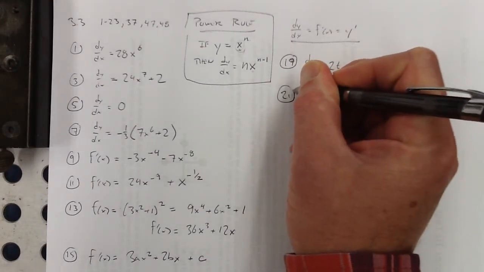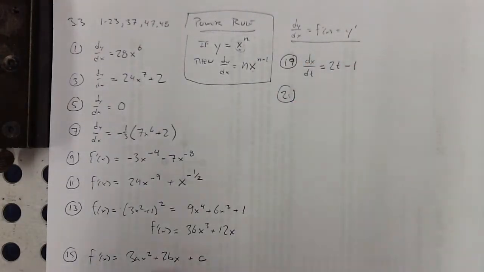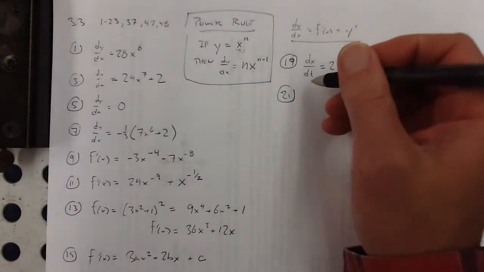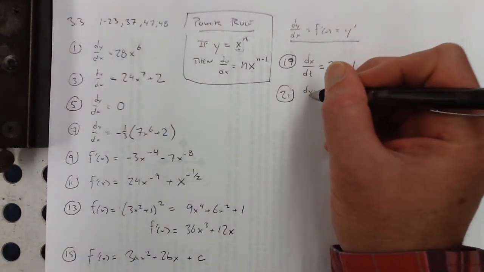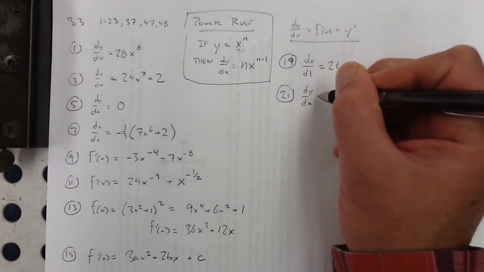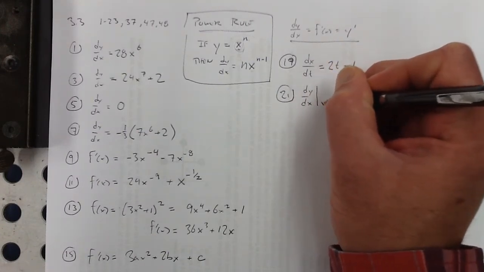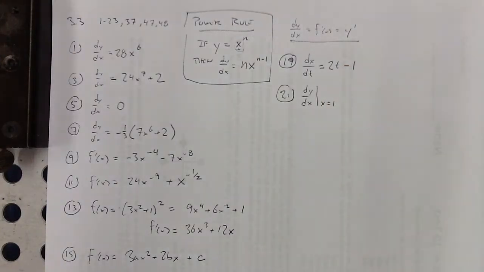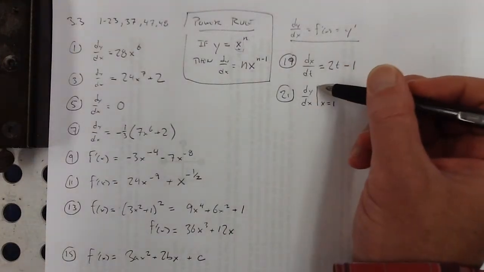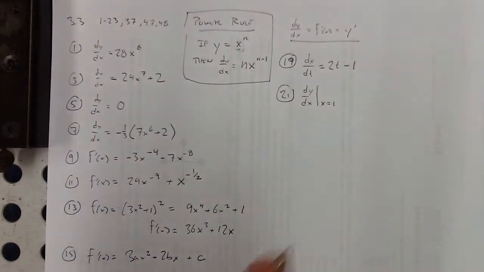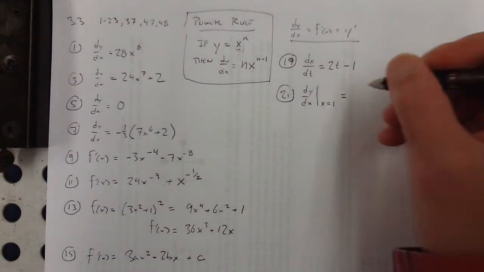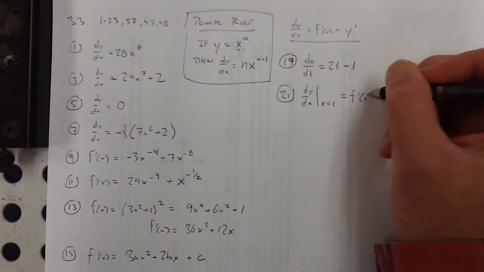Number 21. Find, okay, so notation thing, if this freaked you out here, I can't remember if I went over this in the notes or not. I have a bad feeling I didn't. You might not have seen this notation before. So this just means dy dx at x equals 1. It's the same exact thing as saying what's f prime of 1.